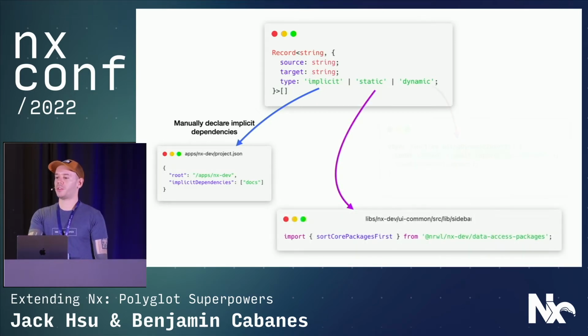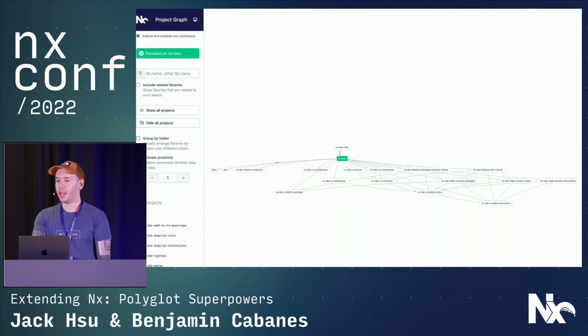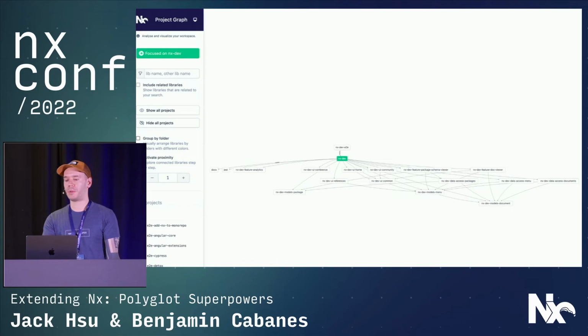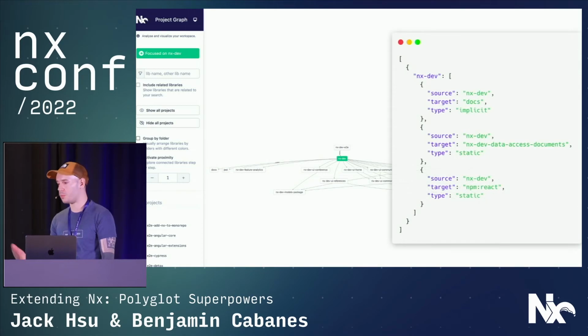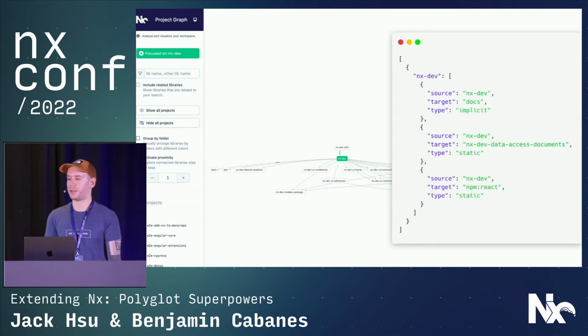And NX natively understands JavaScript. So with the AST parsing of your files, NX knows what is a static import and what is a dynamic import. So this is really useful. And with that, you can see that NX understands your workspace and is able to show you that graph. But behind the scenes, it just looks like a list of projects with this type of interface that we just saw.